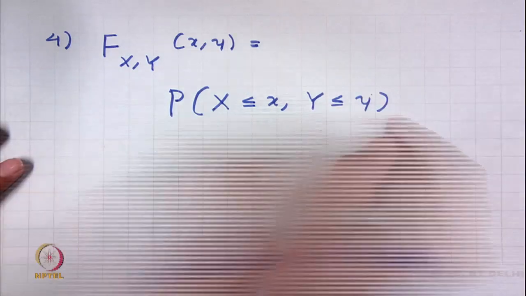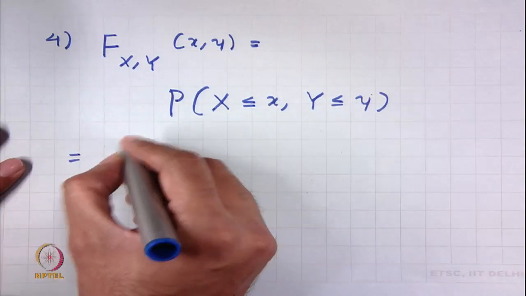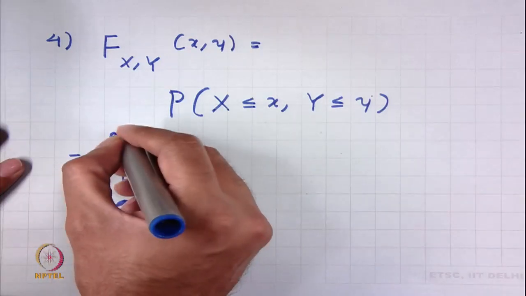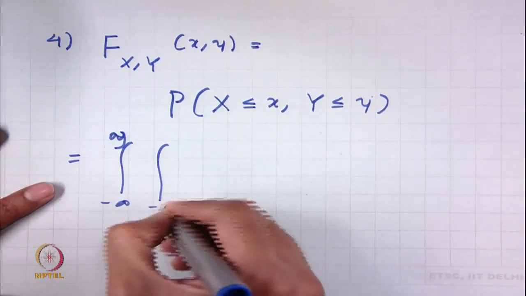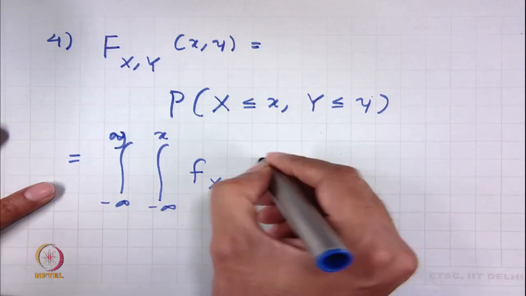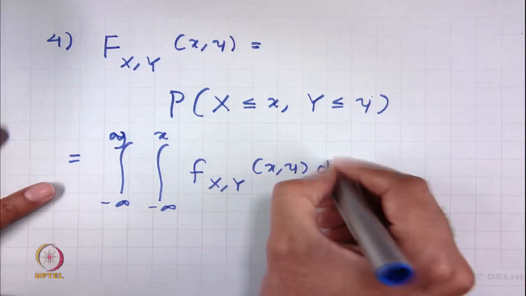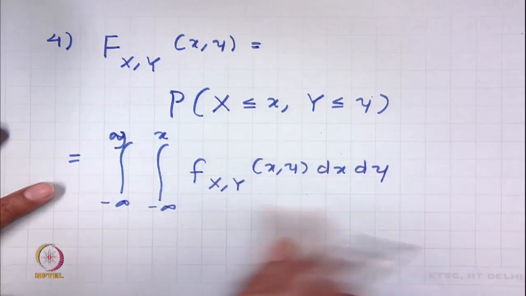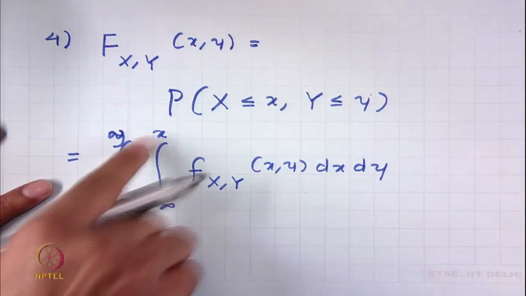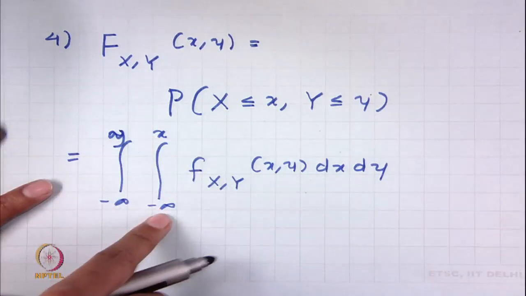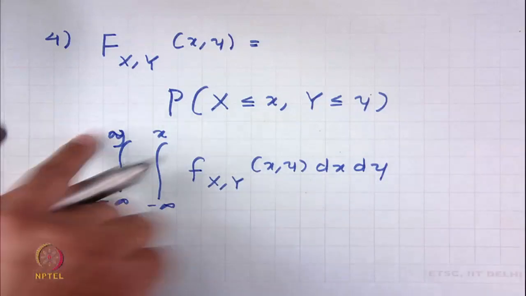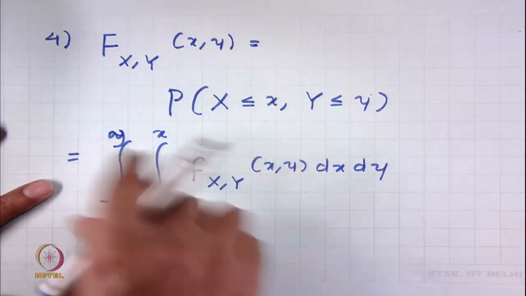And this will be nothing but this quantity. The x limit has to go from minus infinity to x, because the random variable should fall in this limit, and for y the limit should go from minus infinity to y.